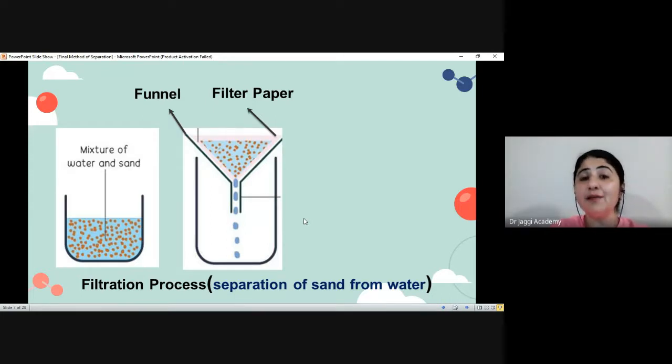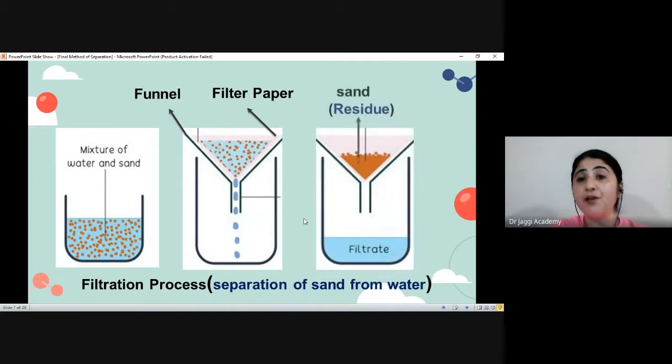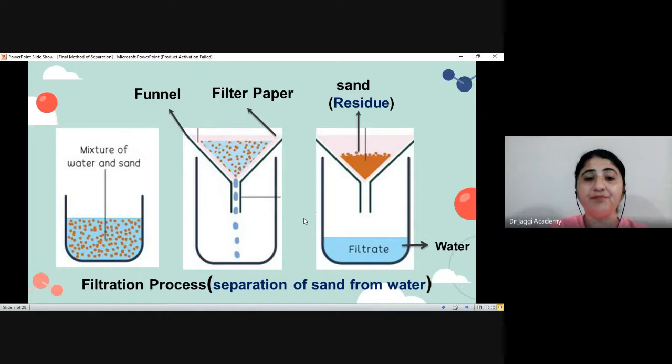Since the sand particles are larger than the water molecules, they can't pass through the filter paper and are left behind over it, which is known as the residue. The water molecules pass through the filter paper and are collected at the bottom of the beaker, which is known as the filtrate. In this manner, the sand gets separated from the water. So this is known as filtration.